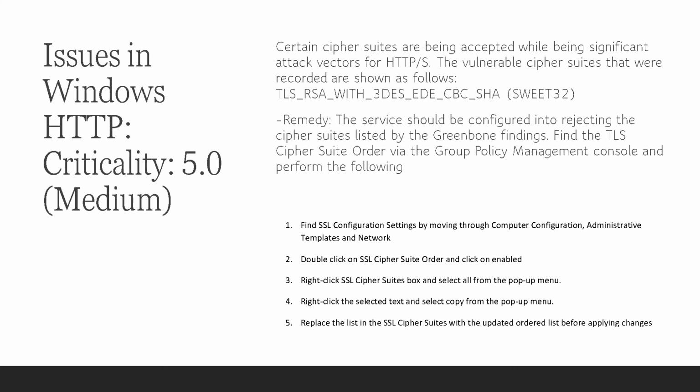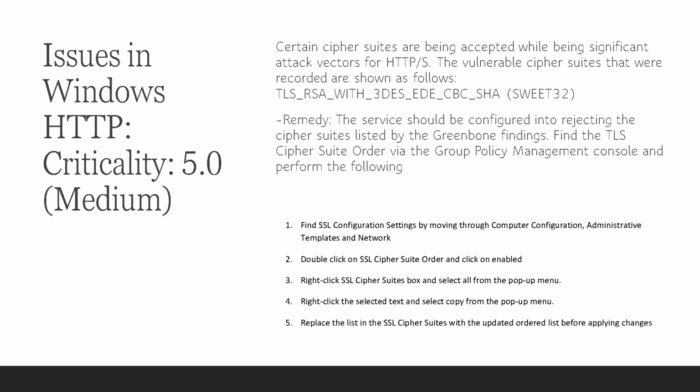Lastly, we're going to be going over the issues regarding Windows HTTP, and we just can't seem to escape cipher suites since we have another issue regarding them. This time around, there are certain cipher suites being accepted that can act as significant attack vectors for HTTPS. There's also an example of the vulnerable cipher being shown right here.